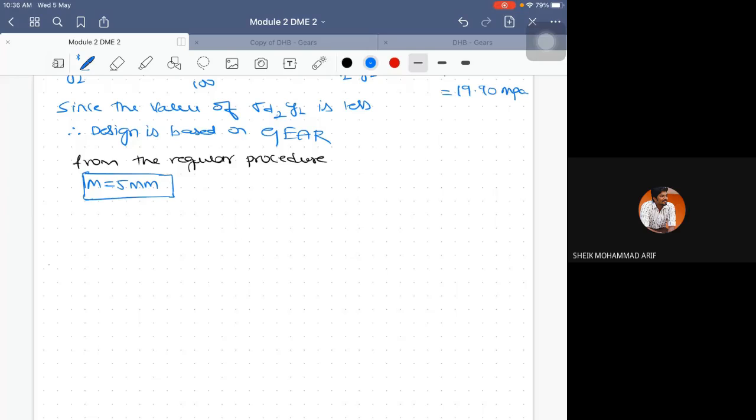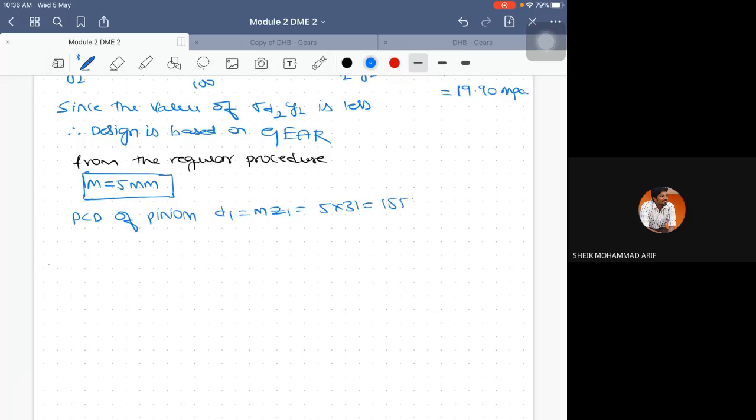So once m is equals to 5 mm is calculated, next you calculate the value of PCD of the pinion. That is D1 is equals to m into Z1. That is 5 cross 31. That is 155 mm.